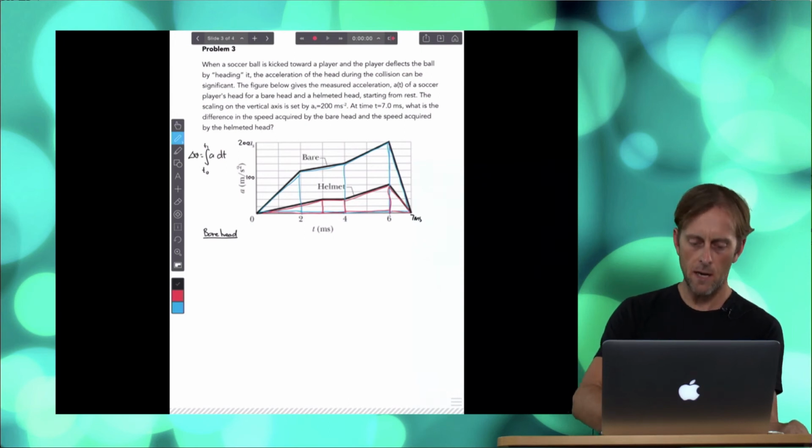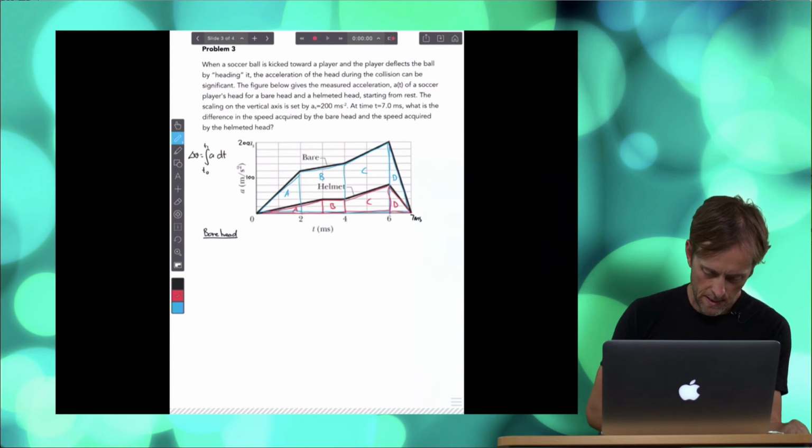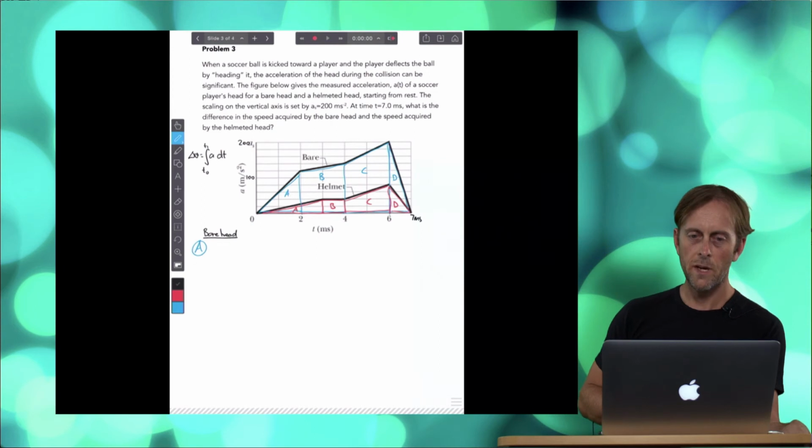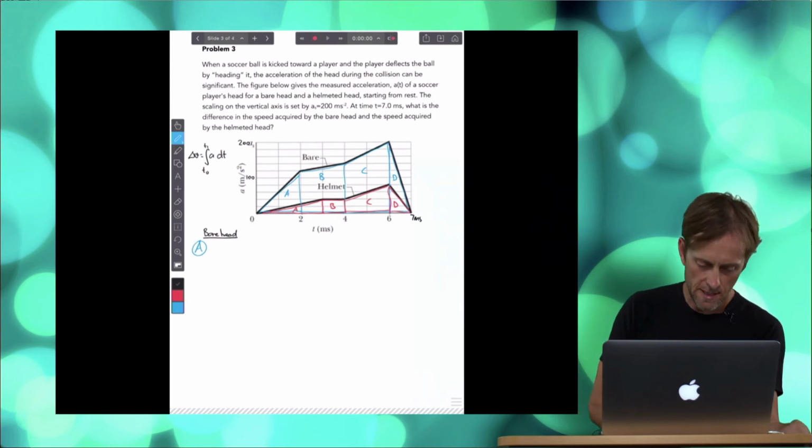Okay, so we'll call these areas A, B, C, and D, and we'll call these red areas A, B, C, and D. So in red A, we can calculate the area of that guy. It's just going to be half base times height.